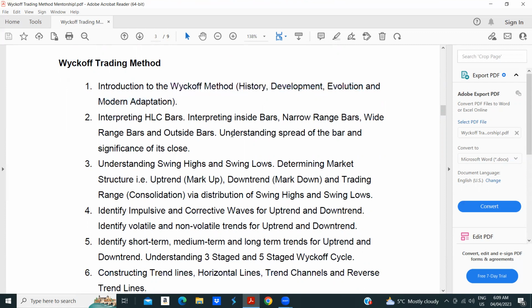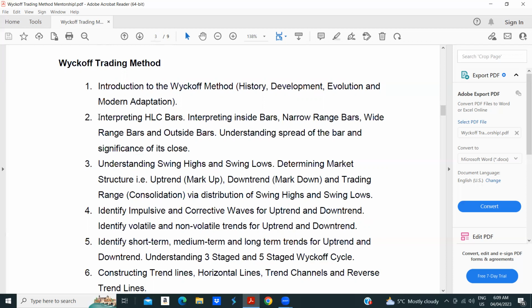The Wyckoff method was developed in 1931, so with time there have been some adaptations and developments in modern times, and we're going to discuss them as well.